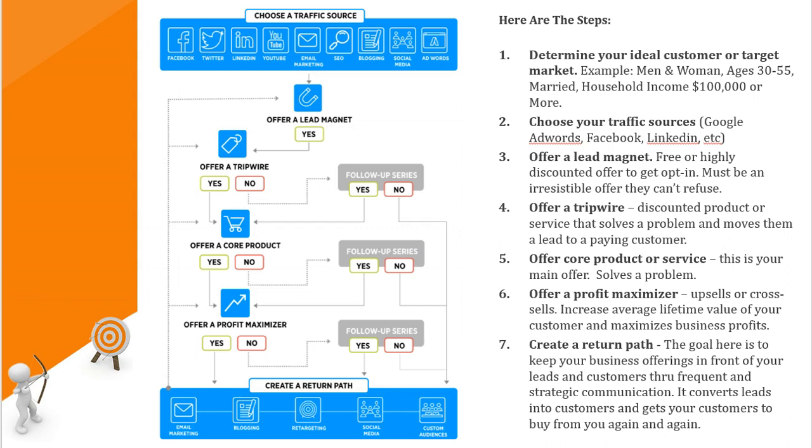All right, that's very important because when we get to step number two, we want to make sure that we choose the correct traffic sources so that we can target your ideal customers. Okay, so some of the traffic sources you can see in the diagram on the left. The paid traffic sources include Google AdWords, Facebook ads, and LinkedIn.